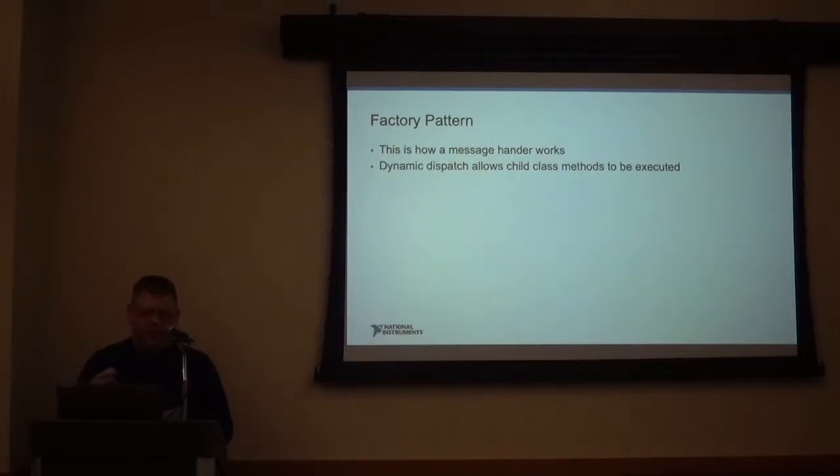So it executes the method for the class that's actually on the wire, not for the class that you specified at design time. At design time, you're using that abstract class, and you're saying call this abstract method, but at runtime, whatever child class is on the wire, its method is what's really going to happen. So that's what dynamic dispatch does for you.